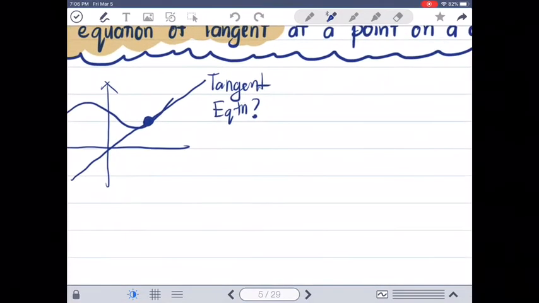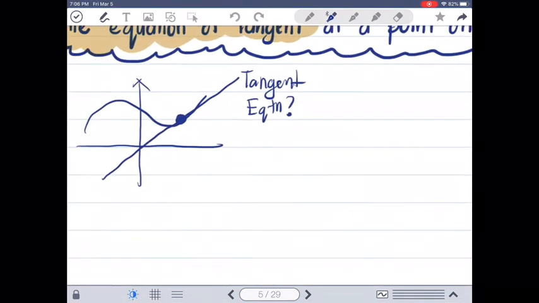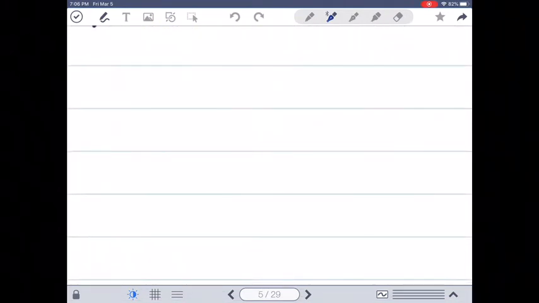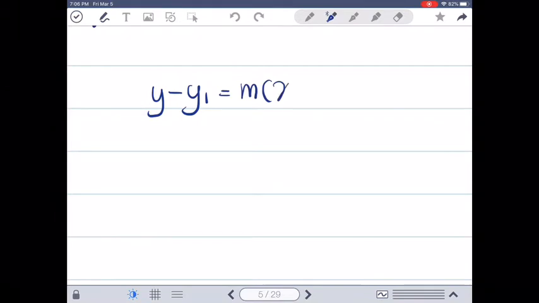We know that basically a tangent is just a straight line. So if you want to find the equation of a straight line, we can use y minus y1 equals m times x minus x1. This is just the basic equation for a straight line.